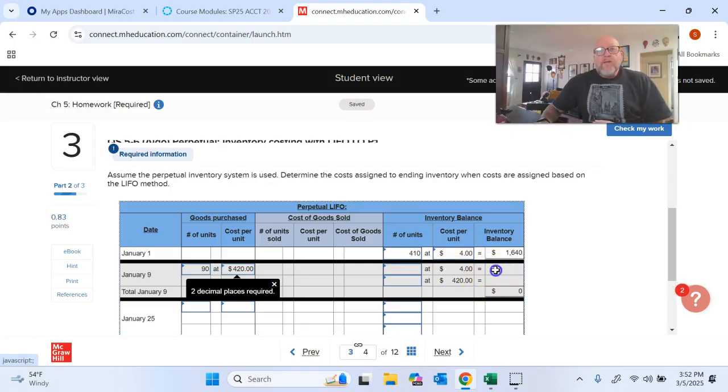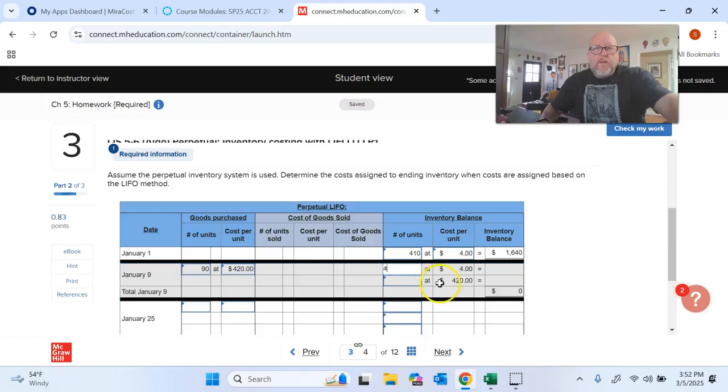It says, hey, listen, you have a row of inventory, right? We have 410 units. Very important. 410 units at $4 a piece. Oh, 2 decimal places required.